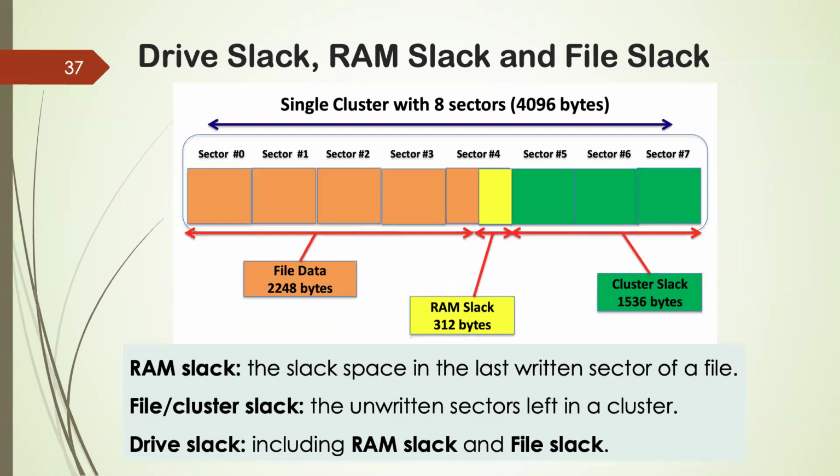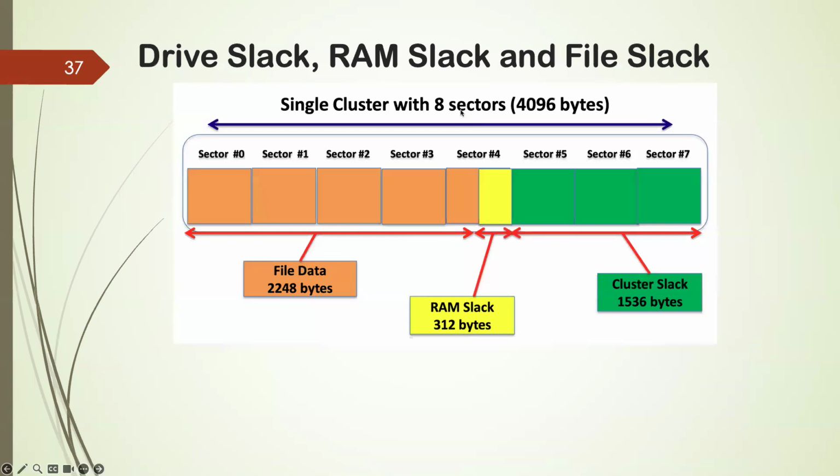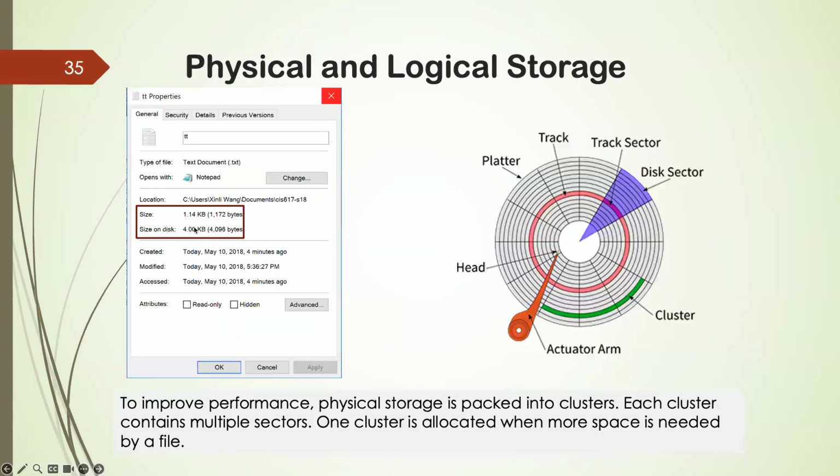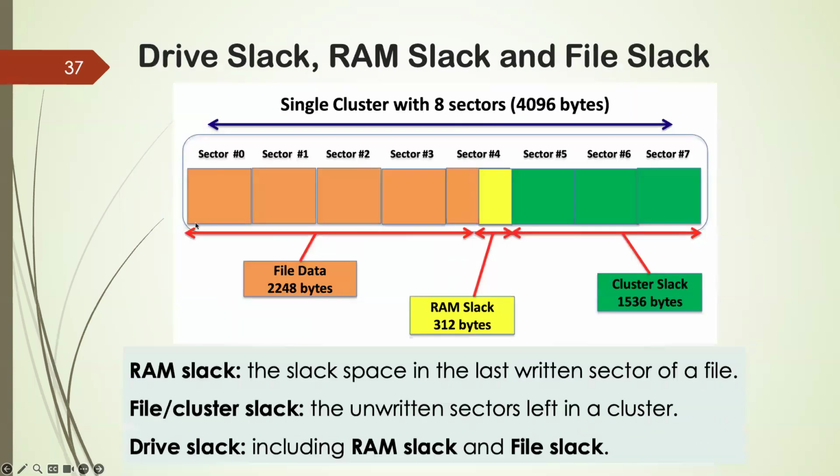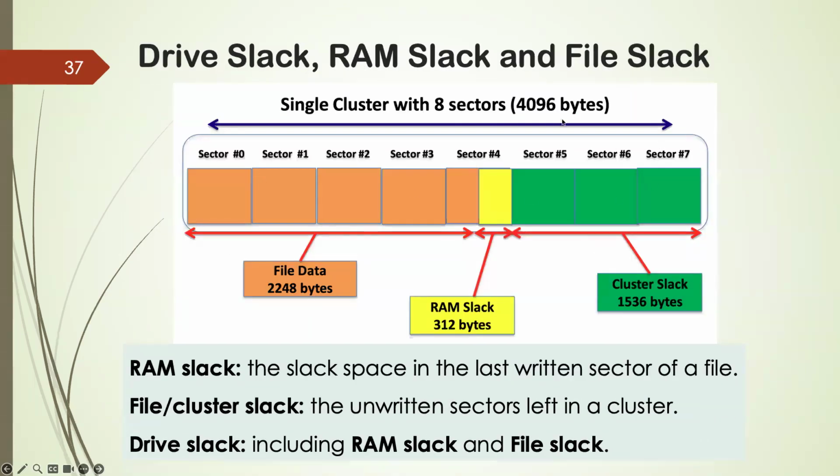Here is another example. Now in this example, we have one cluster equal to 8 sectors. When the file system allocates space to any particular file, the minimum space that it can allocate is one cluster.